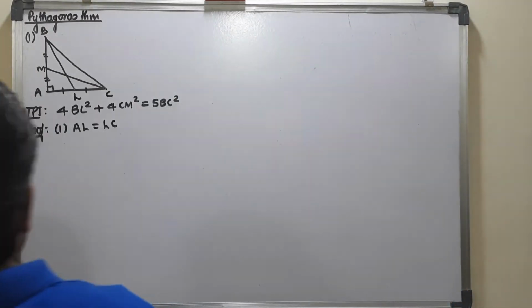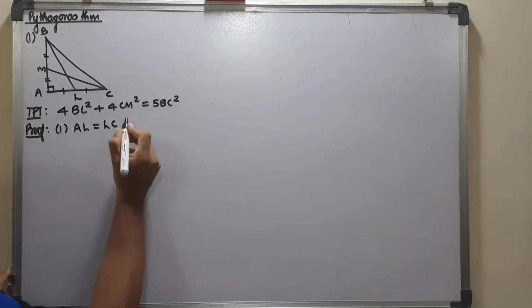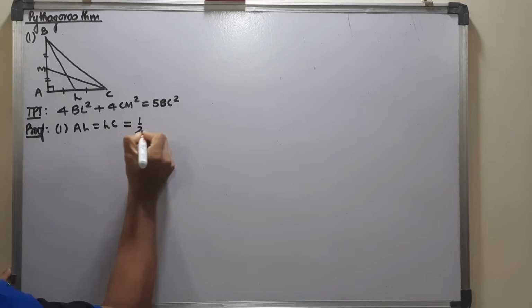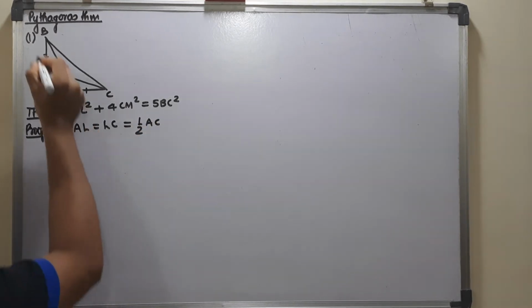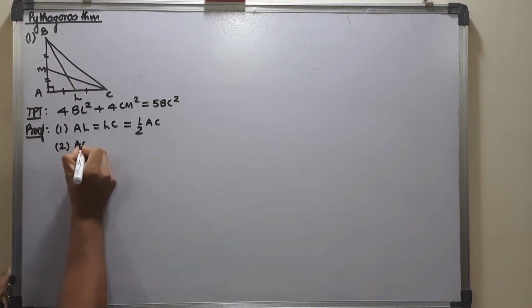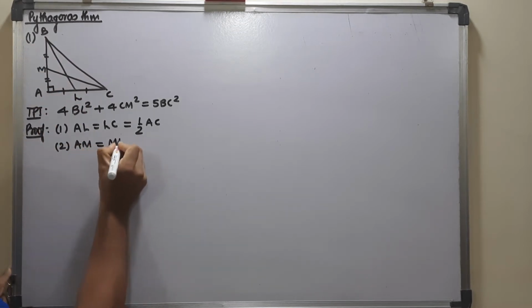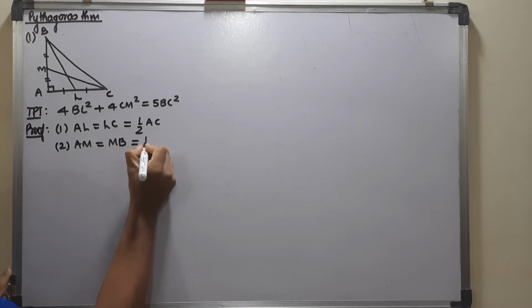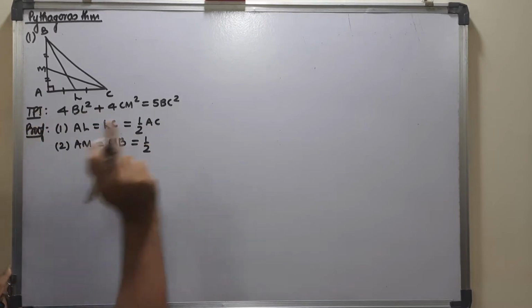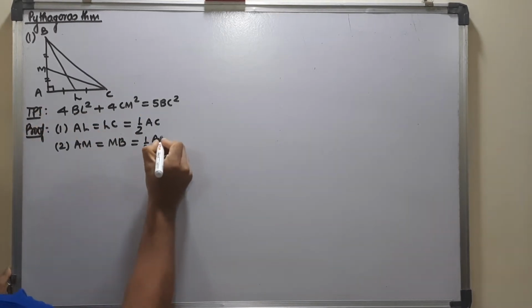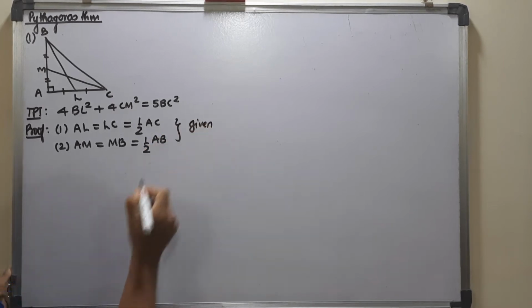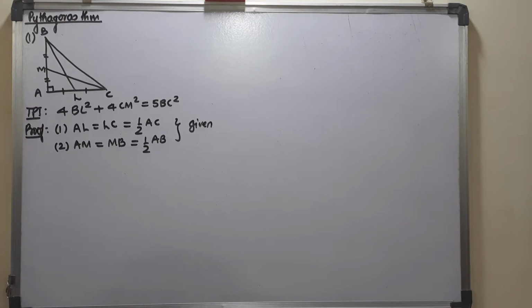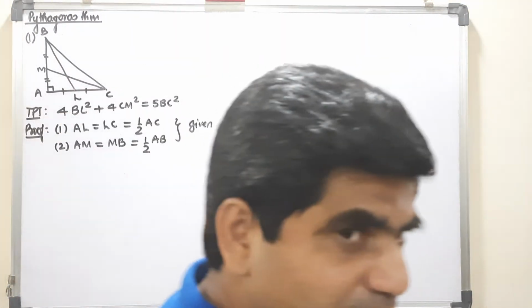That means AL and LC both are half of AC. The same story is over here, that AM and MB will be equal and each of them will be half of AB. This falls from the given part, that is, reason is a must over here. So both are falling from given part.